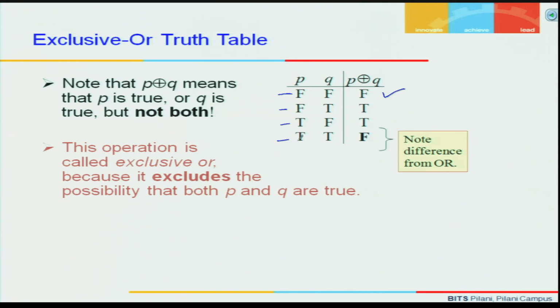When P and Q happen to be false and true, this is defined as true. Either of them is true, this is defined as true. Look at this. When both of them are true, P exclusive OR Q is defined as false. In the inclusive OR case, it is defined as true. That is how the difference is. It excludes this possibility.